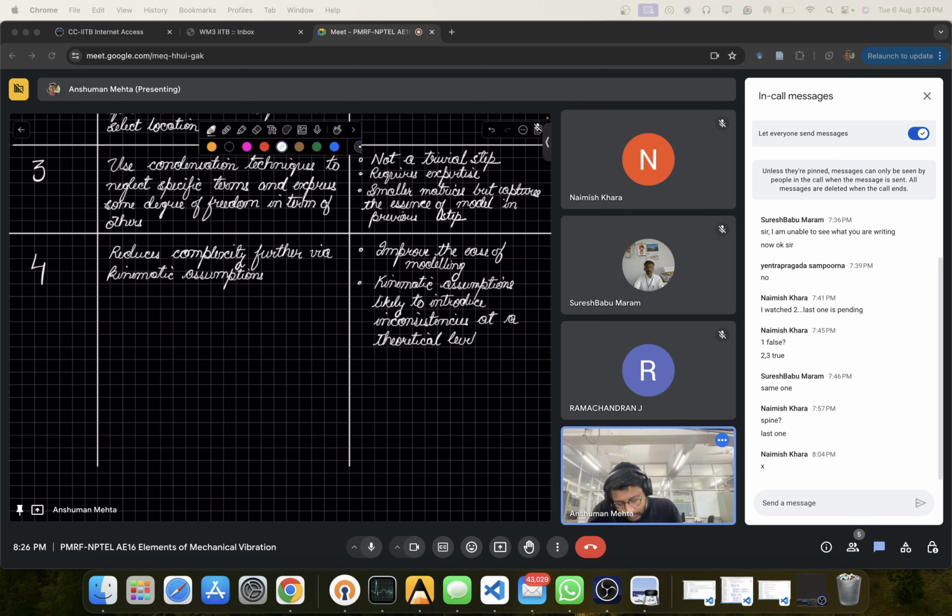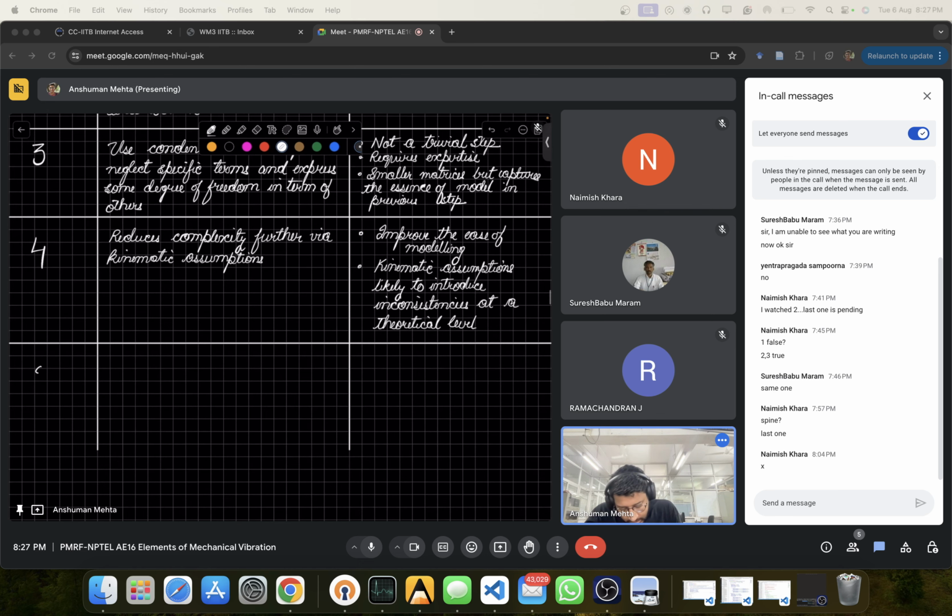For example, beam. We are using Euler-Bernoulli beam most of the time, but the assumption is that the cross-section planes remain independent of each other. So that is actually not possible. Hence we go to Timoshenko beam theory, where this is taken into account a little bit, and then we can go to higher beam theories. So such kinds of complexities can be simplified, okay? But it has the implication at the theoretical level. Okay?